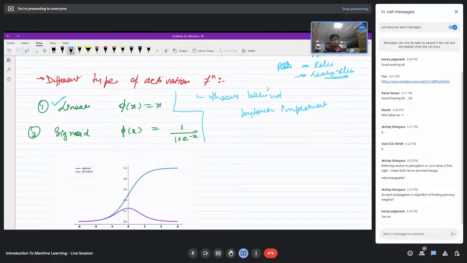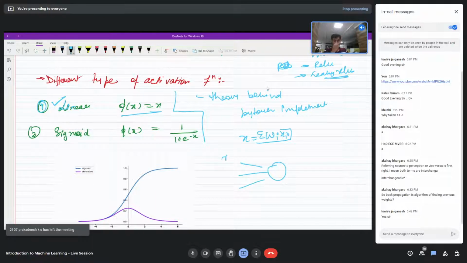The first activation function is the linear activation function. This is very simple. Remember that x is always the weighted sum, the summation of w_i x_i, which is what we pass to the activation function. In a neuron, there are inputs x1, x2, x3, you take their weighted sum and pass it to an activation function.